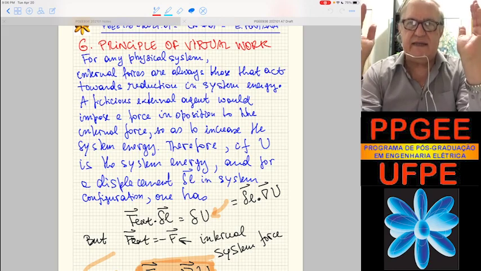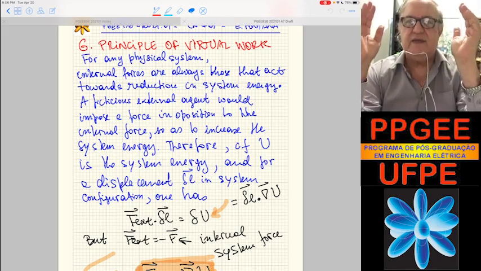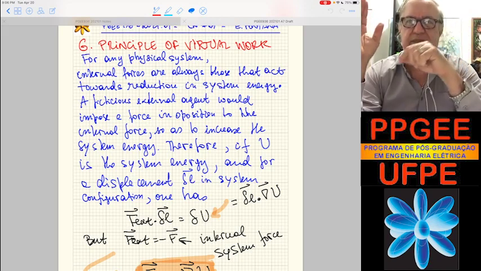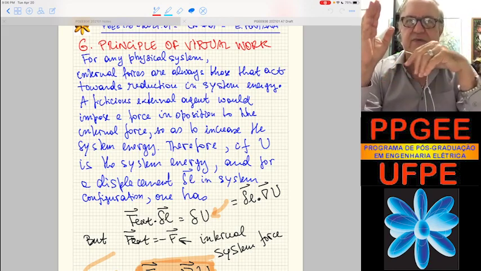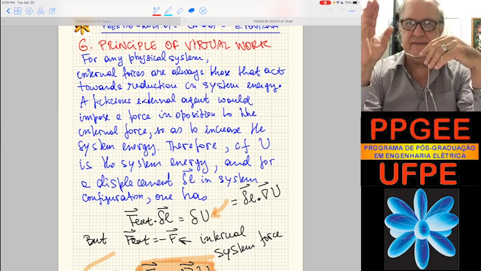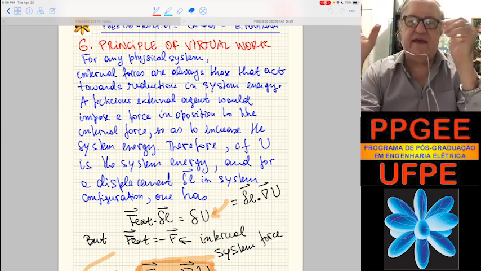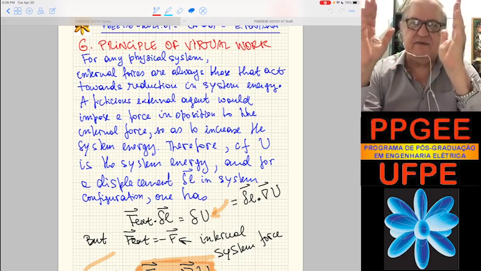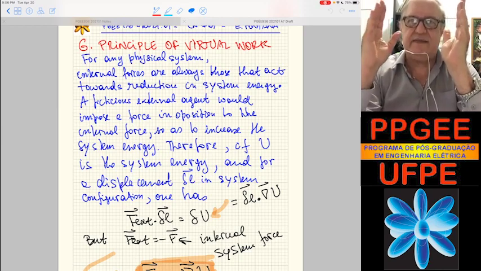We imagine an external agent holding those charges together. So the agent is applying a force against the natural internal force of the system. If the agent moved one of the charges relative to the other, he would increase the energy, right?